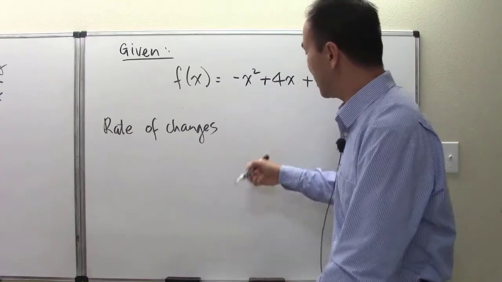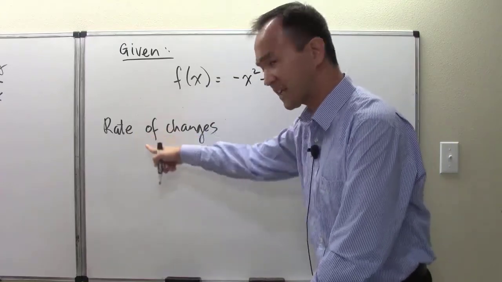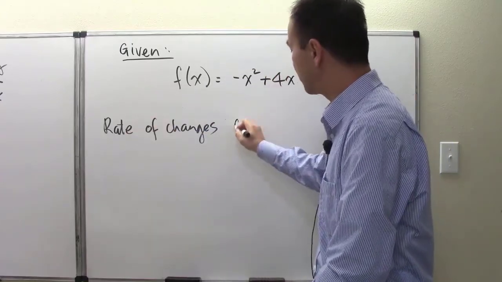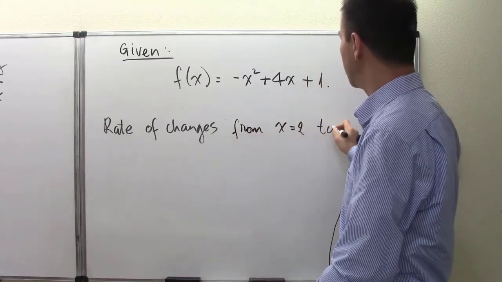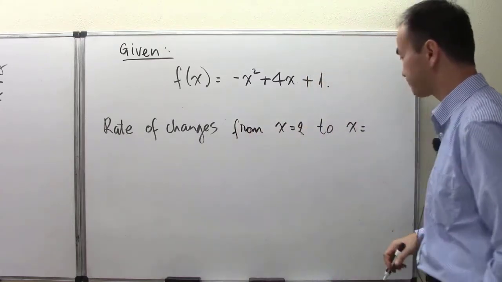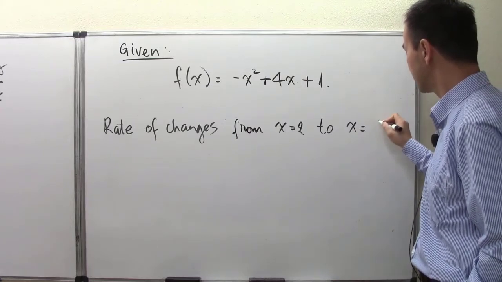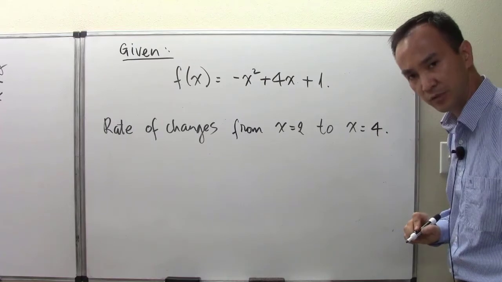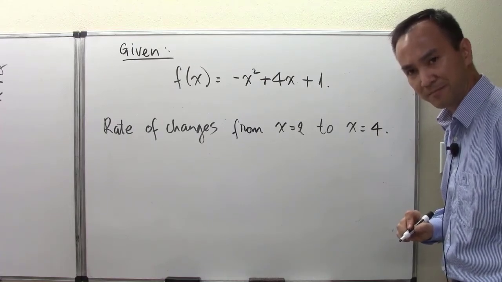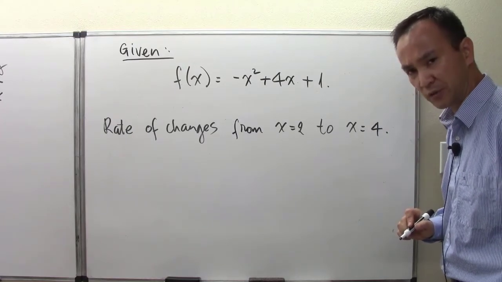So now let's calculate the rate of changes from x equals 2 to x equals 4. X equals 2 to x equals 4.